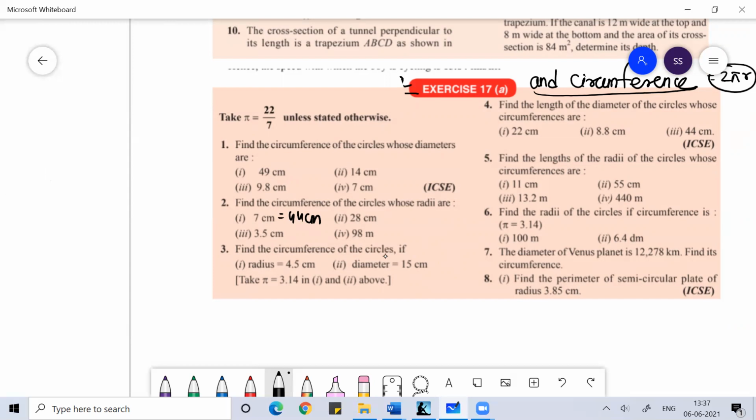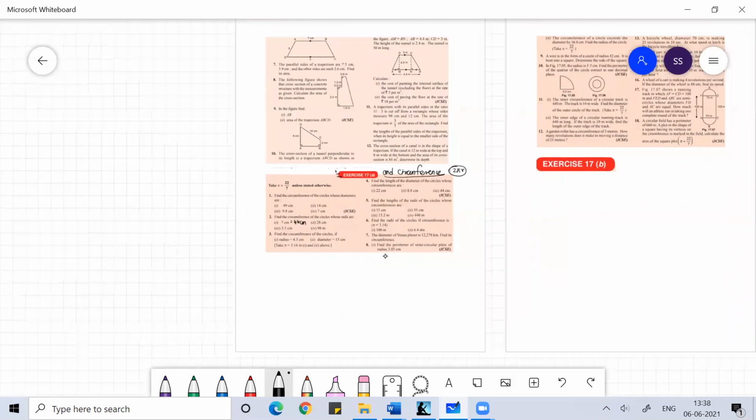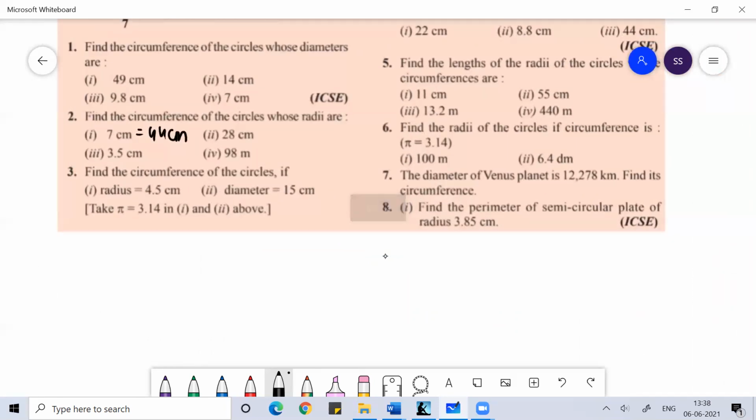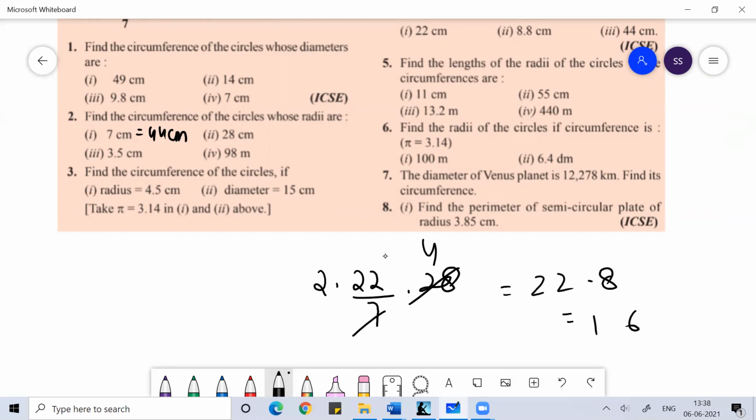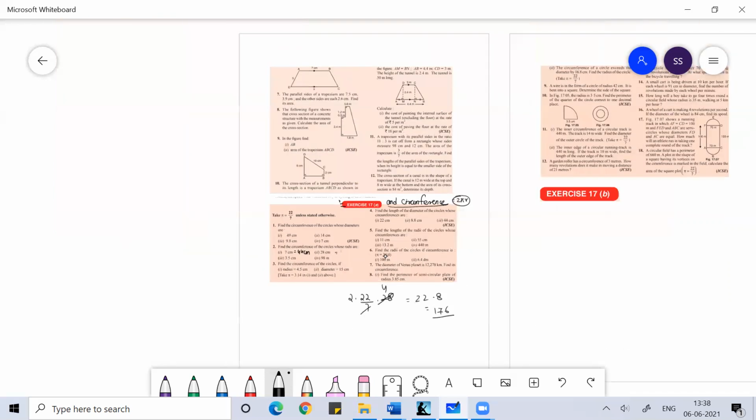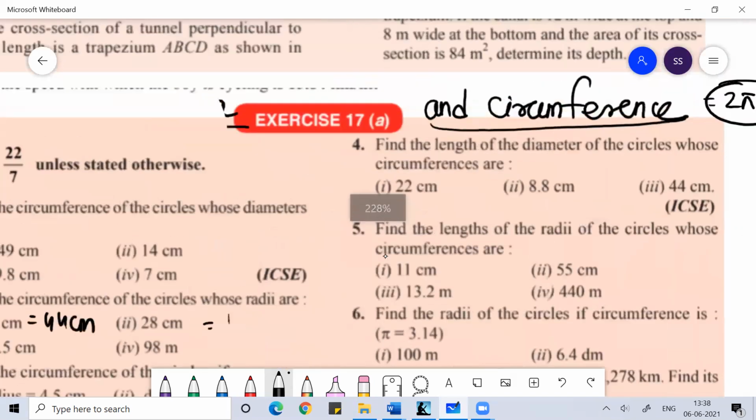You're getting that, Dhoni? Yes, sir. The next one is 28 centimeter. 2 into 22 by 7 into 28, this is 4, so 22 into 8, 176.